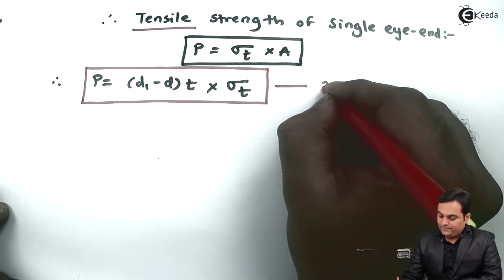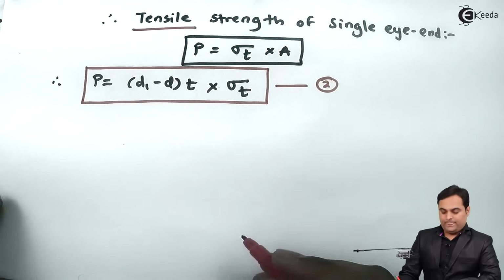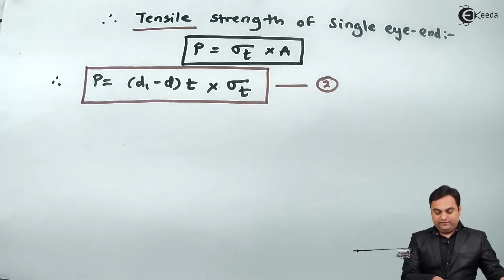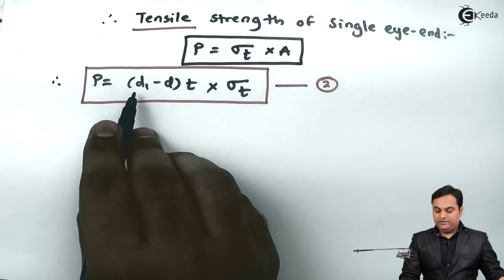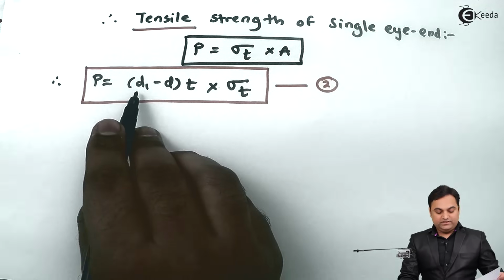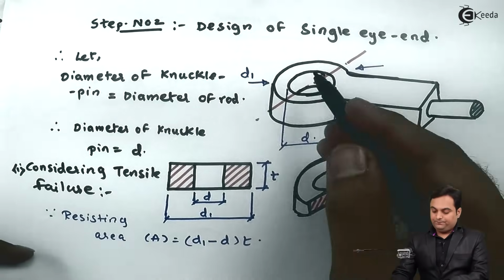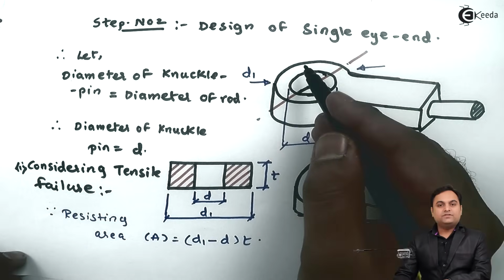So this is my second equation. Now from this equation we can get D1, which is the outer diameter for this single eye end.